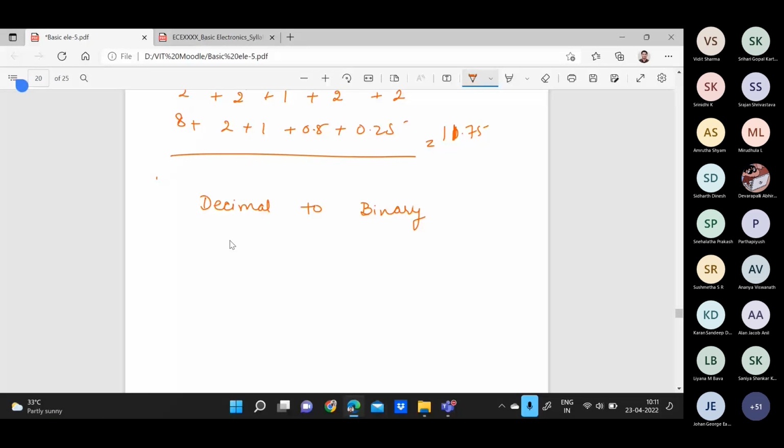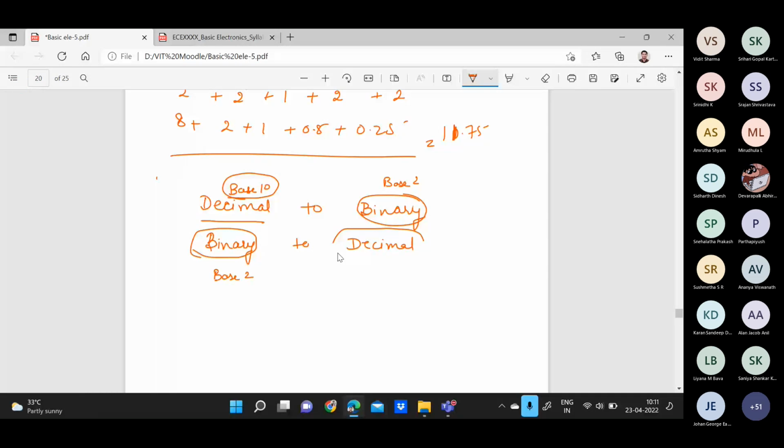We also saw binary to decimal. Now, decimal, as you know, is base 10. And the binary is what? Base 2, where we have only 2 digits to represent any number, right? In the binary, again, as you know, base 2, and we are converting it to the base 10.